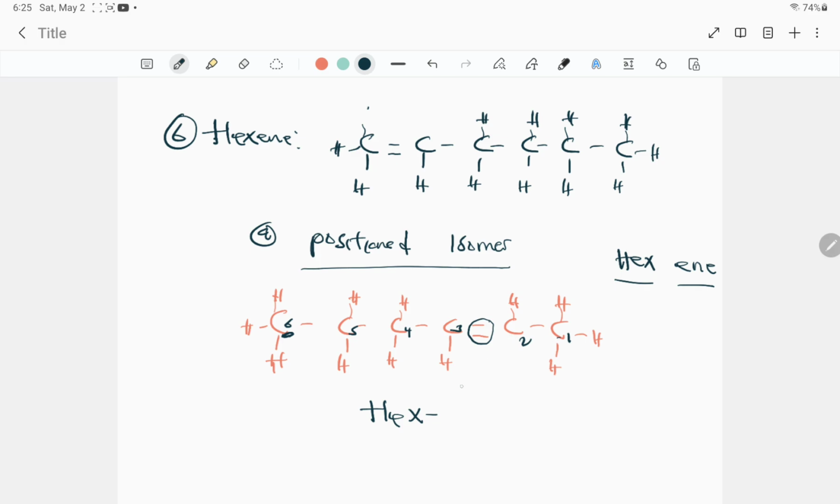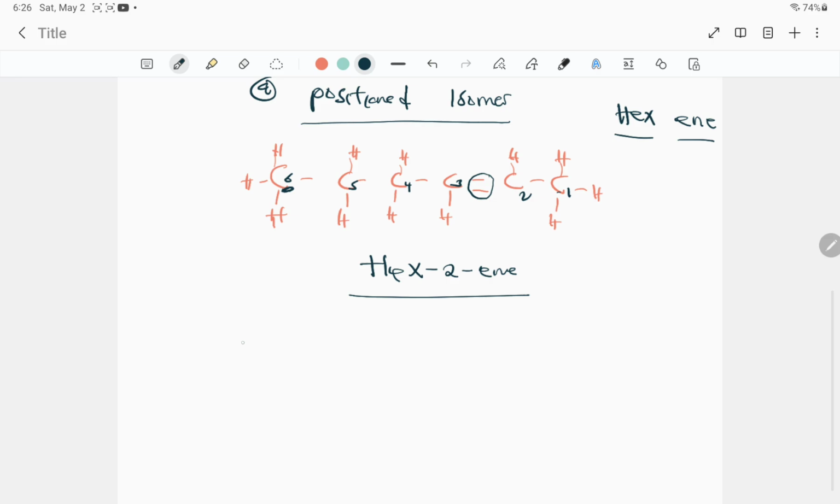So 1, 2. Then I'll put 2 hyphen like this. So this is the name. The essence of writing this number is to indicate where the double bond is located. In case I've been given this name, and they say draw the structure for this isomer, this number is guiding you where to put the double bond. So that is how you write the names.